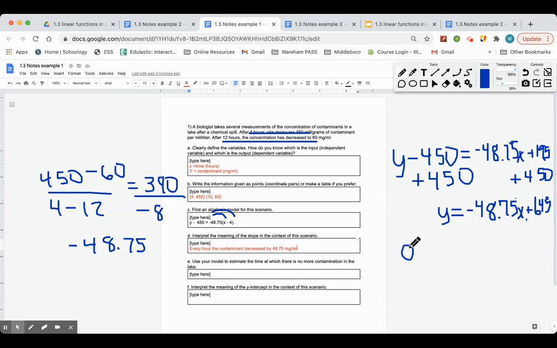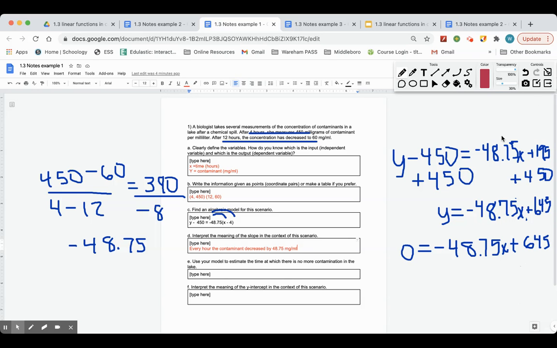So I'm going to set y equal to 0, and now I'm going to solve for x. So this means I need to subtract 645 from both sides and divide both sides of the equation by negative 48.75. So let's go ahead and do that.